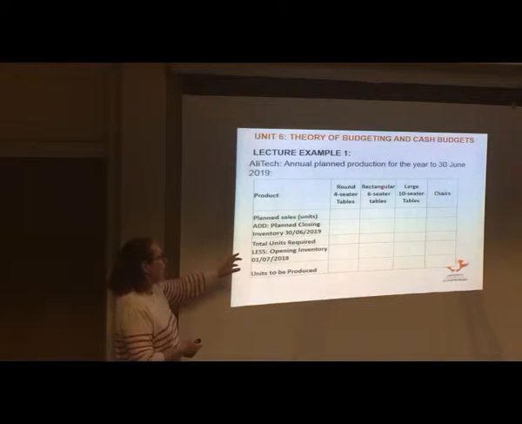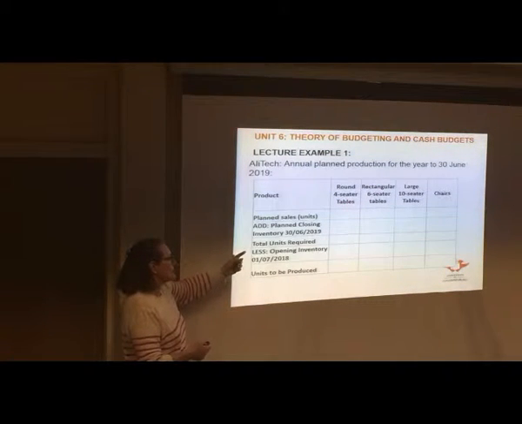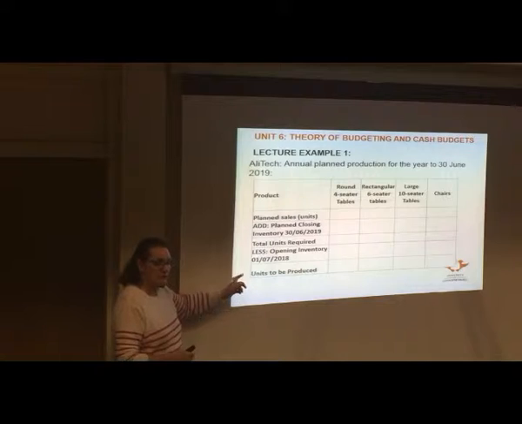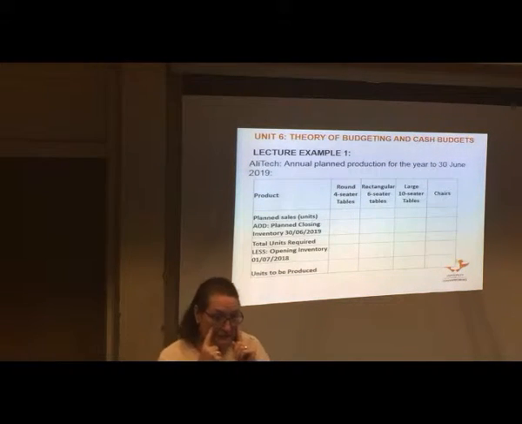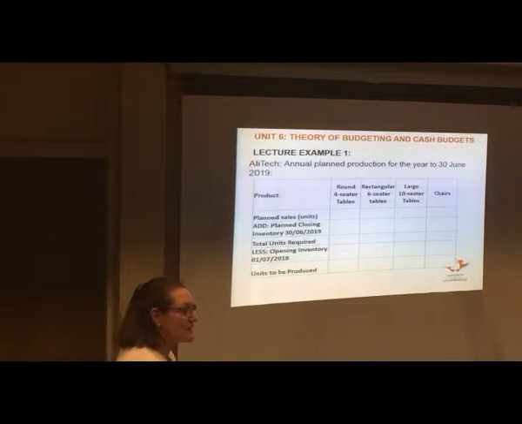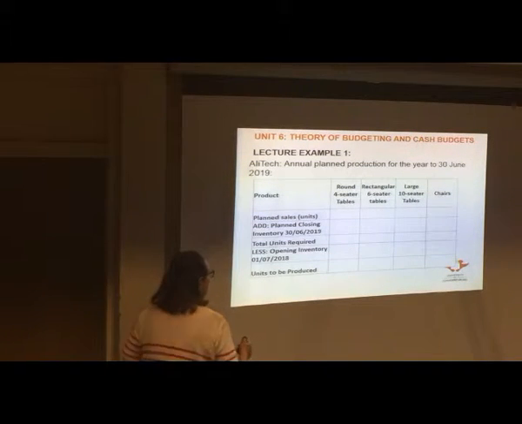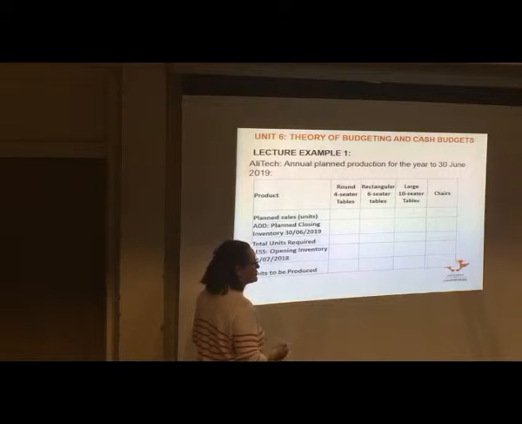You want to have your sales plus your closing inventory, so you're going to add those together, but you've already got your opening inventory, so you're going to subtract your opening inventory. So it's the opposite from a cost of sales calculation, okay? We add in closing inventory and subtract opening inventory because we want to know how much we have to produce.